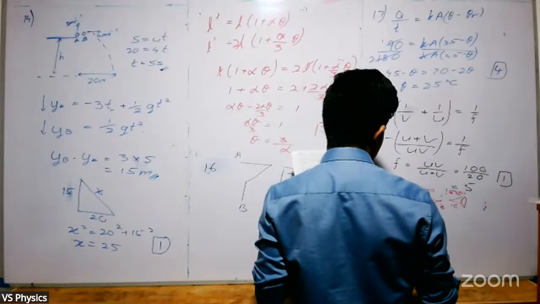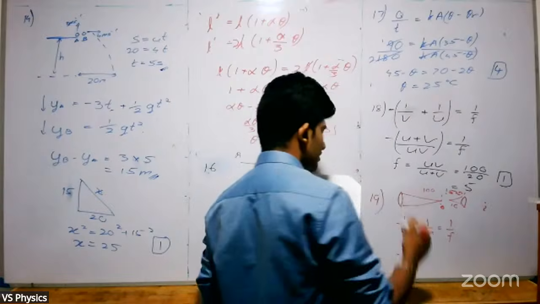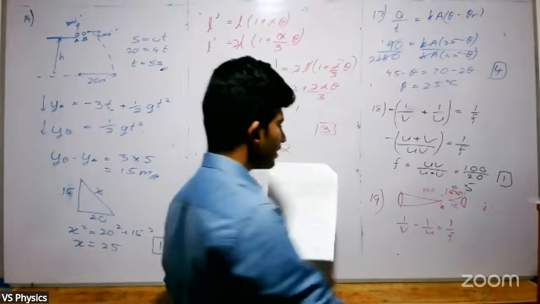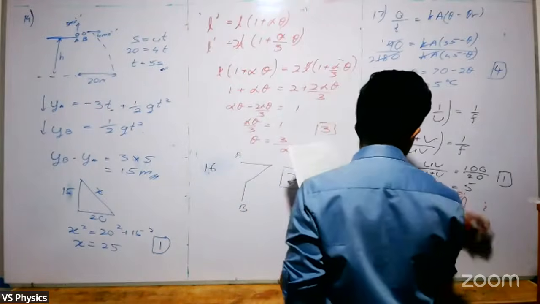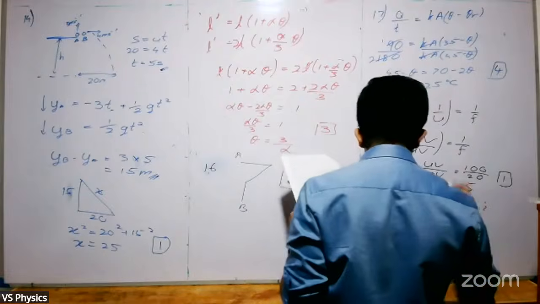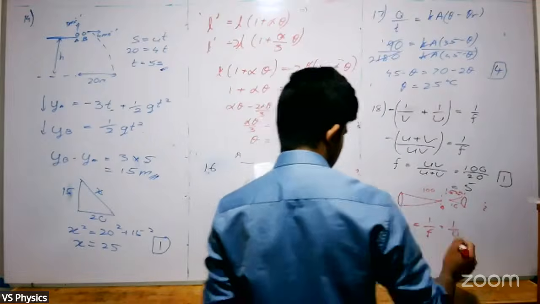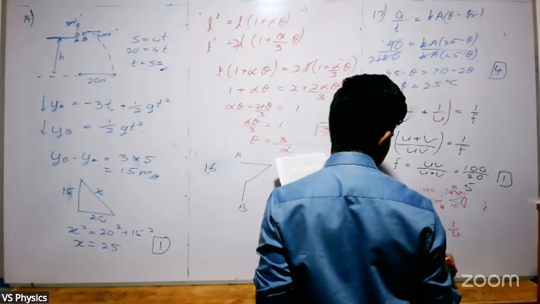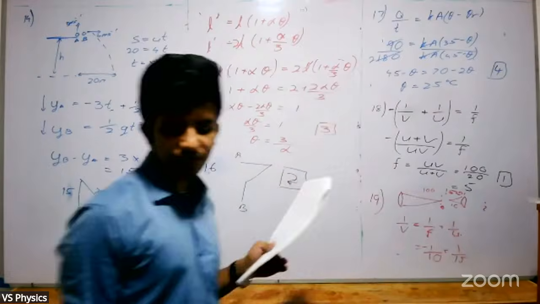1 over v minus 1 over u equals 1 over f. We are trying to find 1 over v, so we can put it on this side. 1 over f plus 1 over u. What is our focal length? 10. Is it 10? Minus 10. Here the object distance is 15.